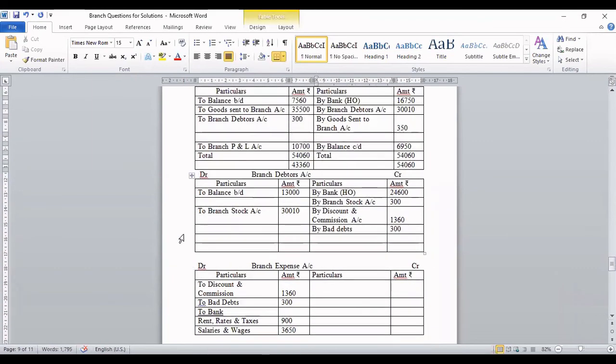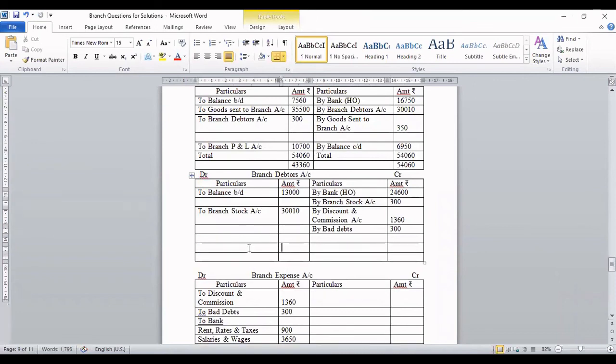Next one. Close this branch debtors. So total, tell me the amount.